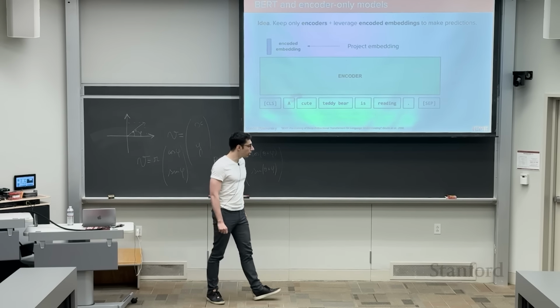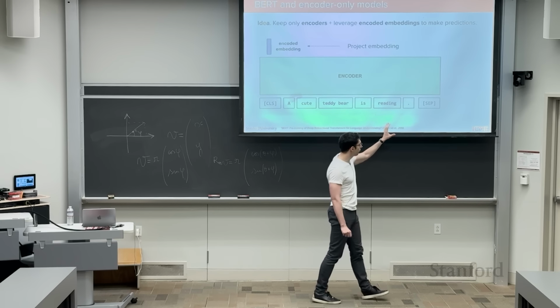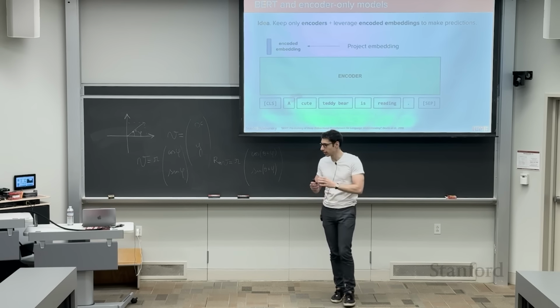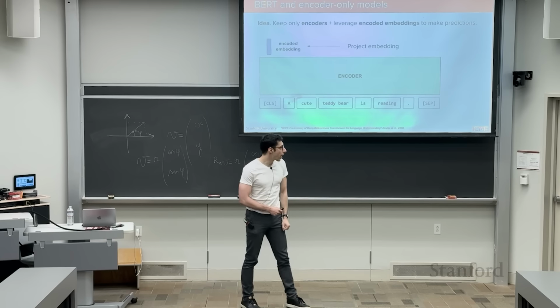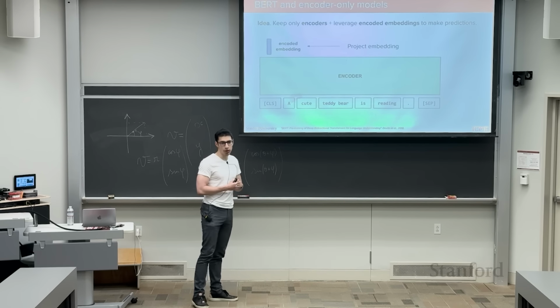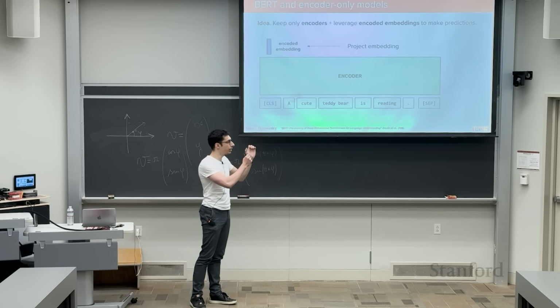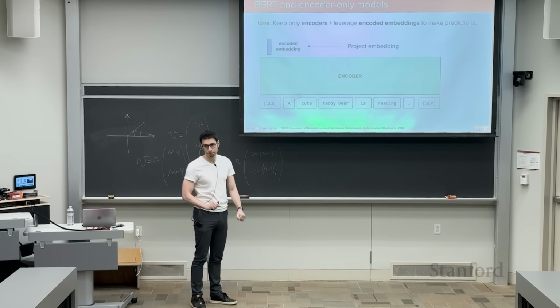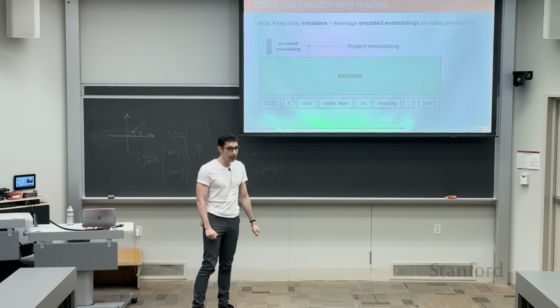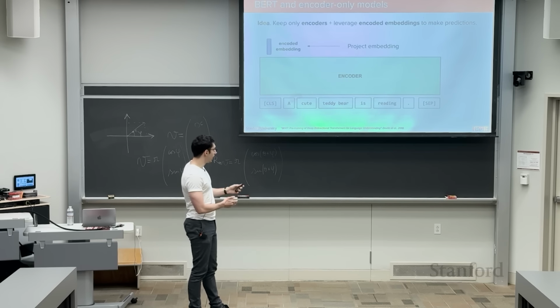Another token that is useful to see is the SEP token. It's a separator, and we're going to see the objective functions it operates on very soon. It aims at separating two sentences. So this is the very high level.